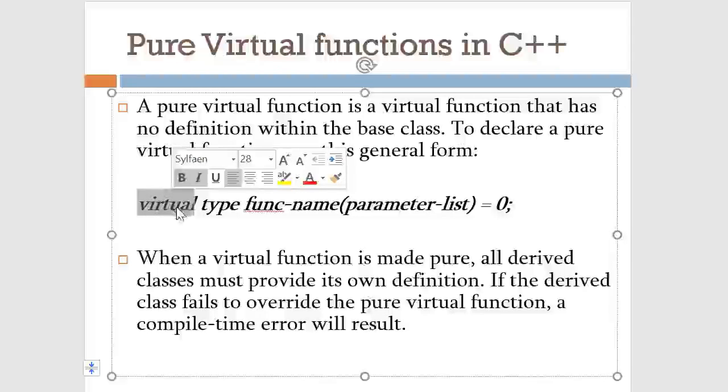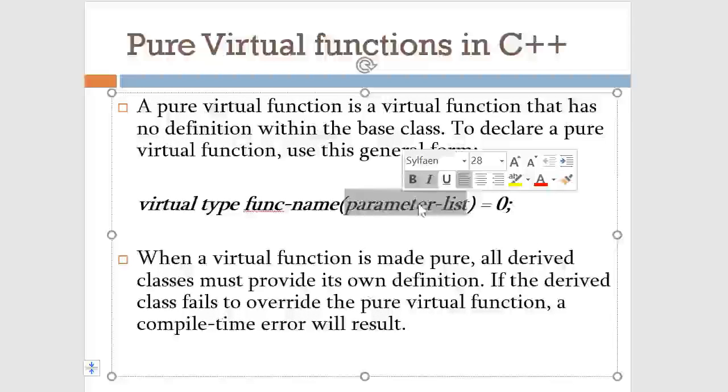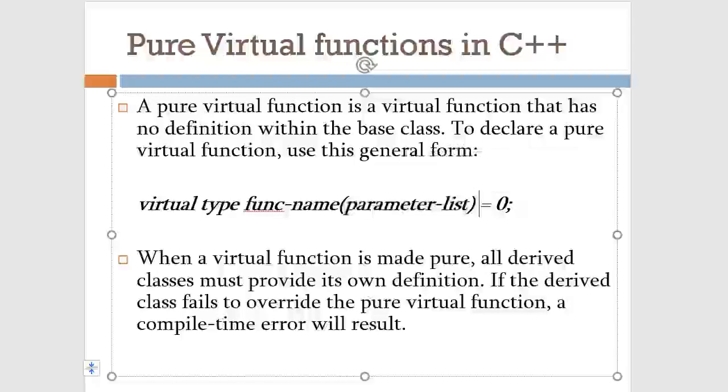The declaration syntax is like this: you start with the virtual keyword, then the type of the function, the name of the function, the parameter list, and after this, two important things, the equal to and zero signs. This makes a pure virtual function. This is just a declaration, and it will be present in the base class.